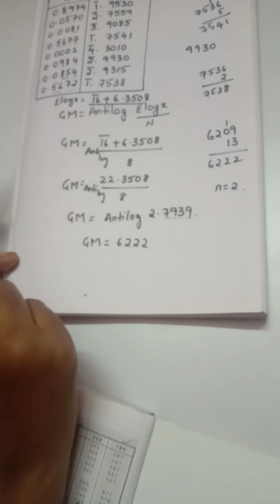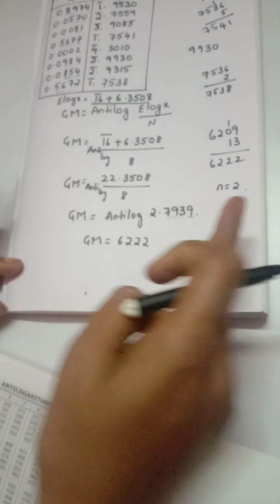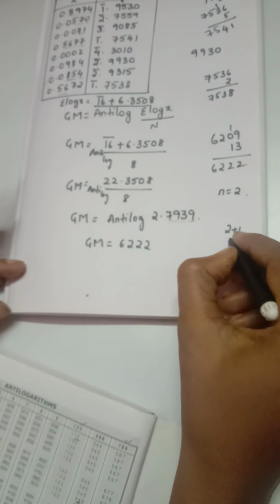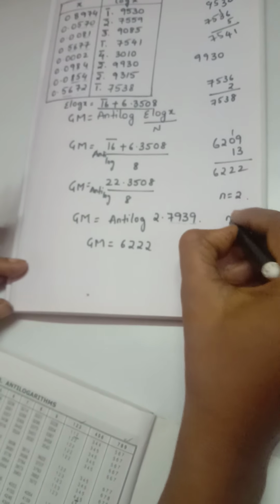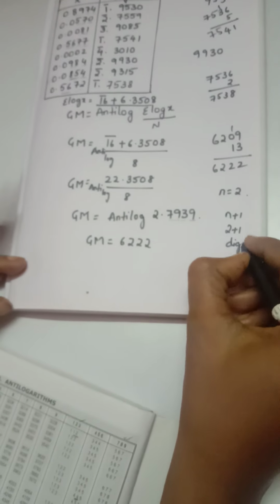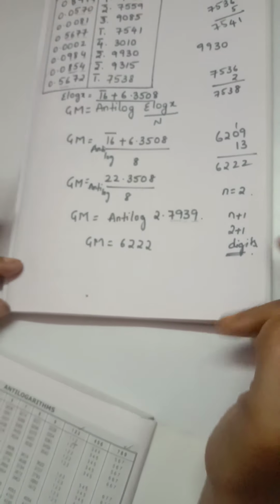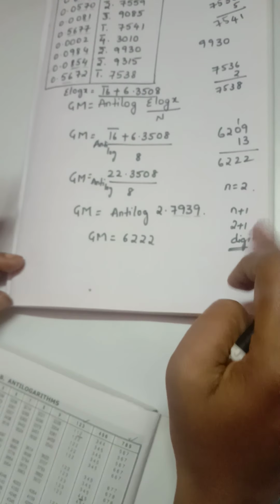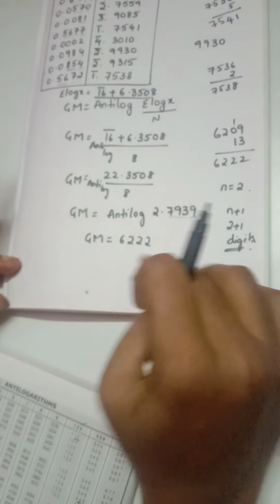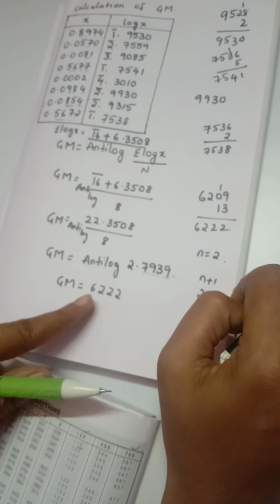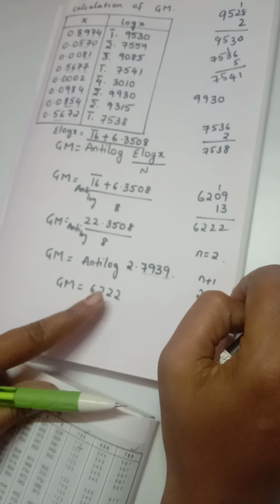In the last episodes I said that 2 plus 1, it is in the normal case. N plus 1 digits you have to take. In the before video I said that 2 plus 1, that is the third digit. But here you are considering the decimal points. So how to place a decimal point in this one?